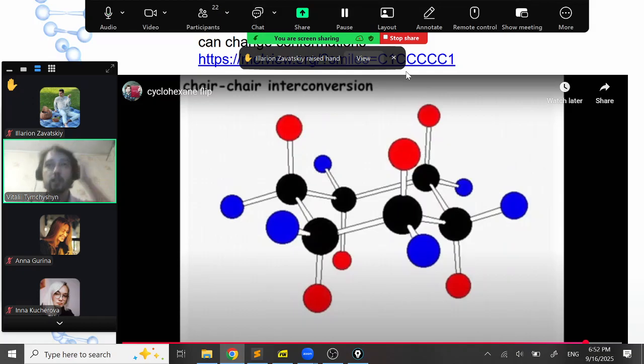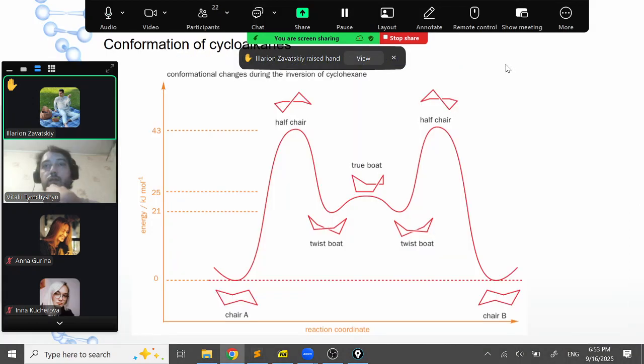Yes, I see a question. Yes, please. So basically, we rotate the atoms, or we rotate some elements, just to get the results of what exactly we want to have, or what exactly we want to change.